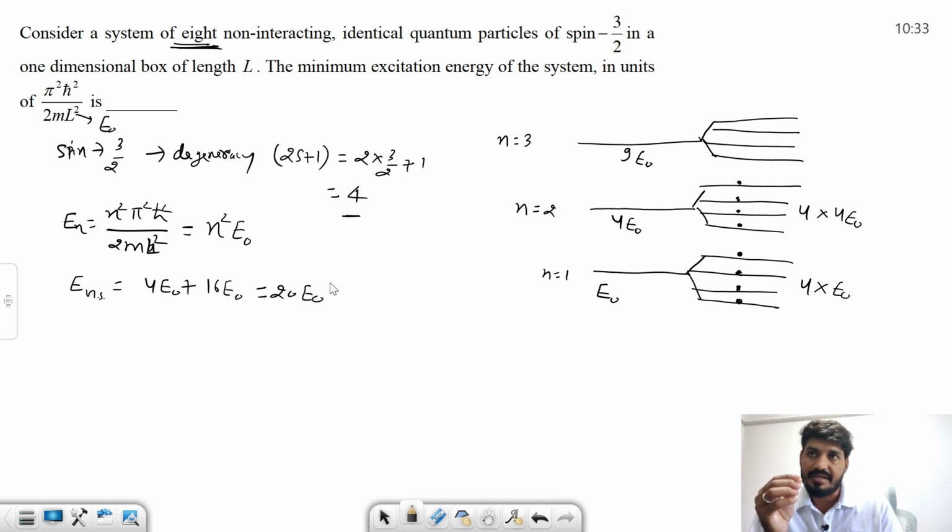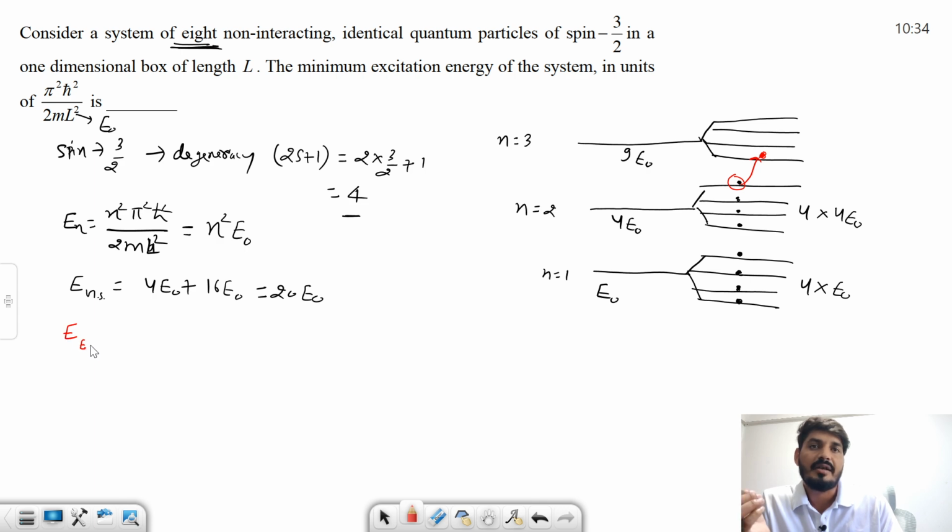Now tell me one thing, what is the excited state? कब होगी excited state? So can I say कि यहां से कोई एक फर्मियोन निकल के यहां चला जाए? That is the first excited state, because यही possibility है. Now what is the energy in this particular situation?